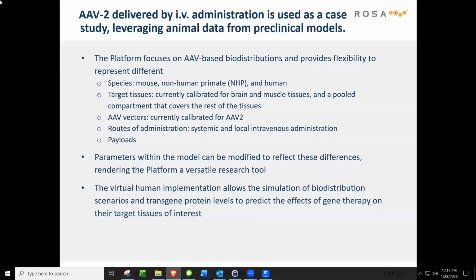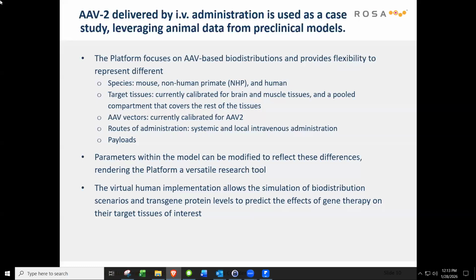Routes of administration, we have systemic and local, but in this case, we focus on the systemic administration. Parameters in the model can be modified to reflect these differences, and we'll show the case as an example of how it can be done. And that makes it very versatile for gene therapy research.